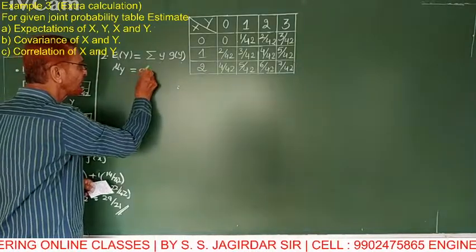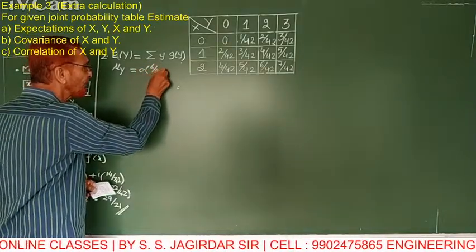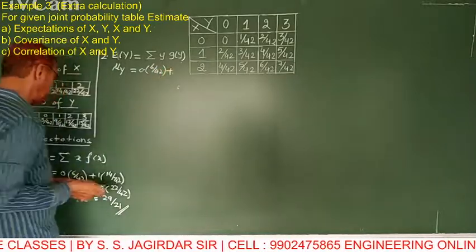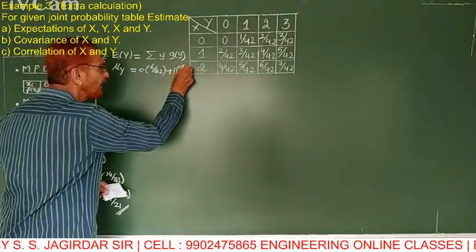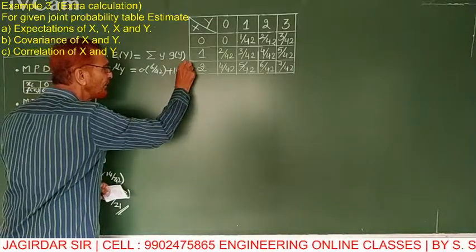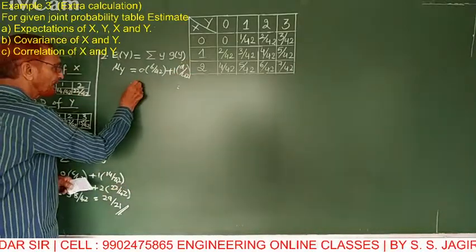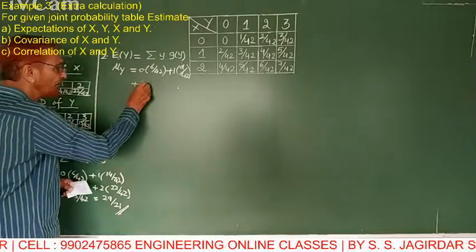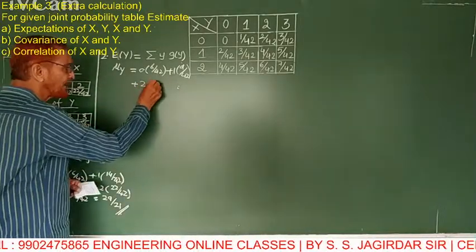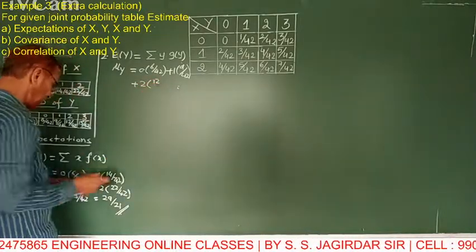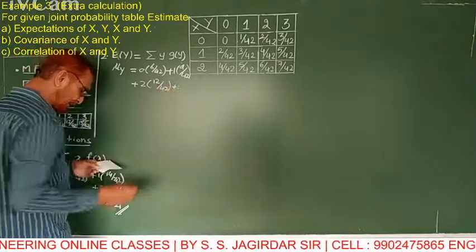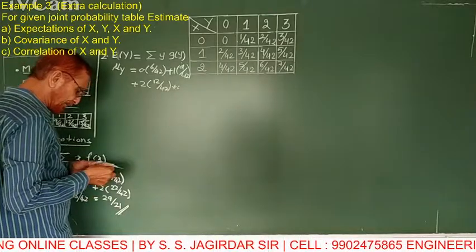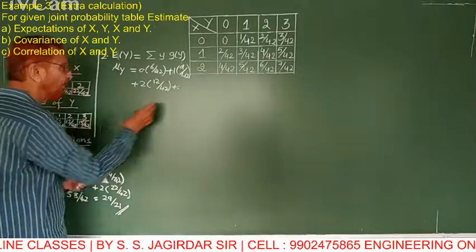So 0 into 6 upon 42 plus then 1 into 9 upon 42, and plus 2 into 12 upon 42, and plus next value is 3 into 15 upon 42.